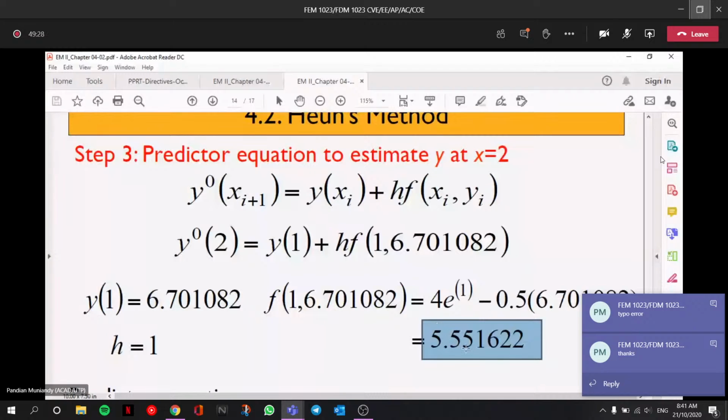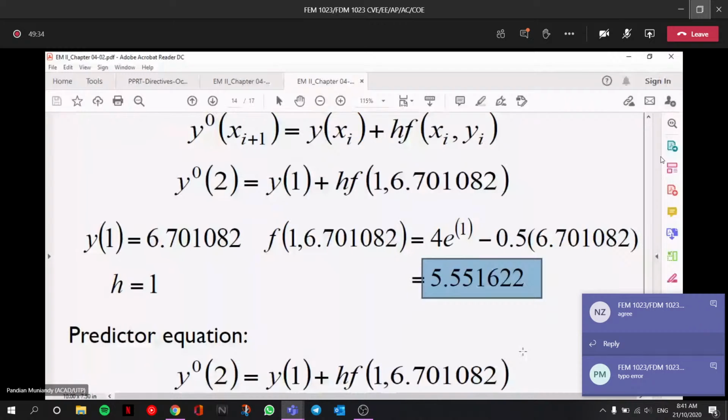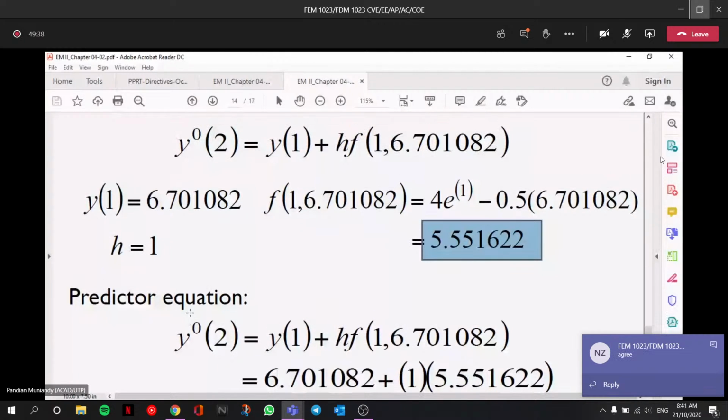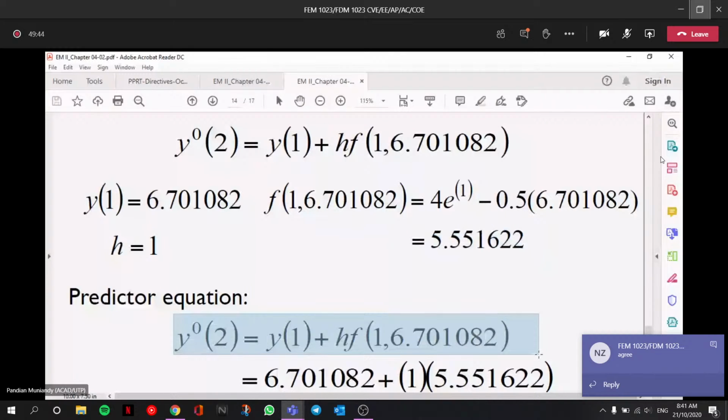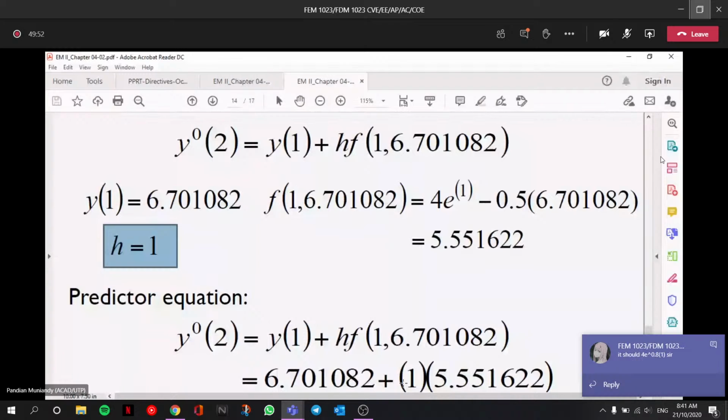Now, 5.551622, you put inside the predictor equation now. Watch this carefully. Why not 2? Y1, this one, 6.701082. H is 1. Take it, put it here. Please follow me here.